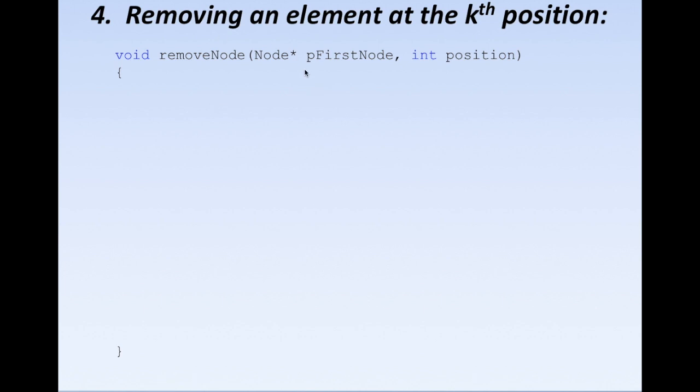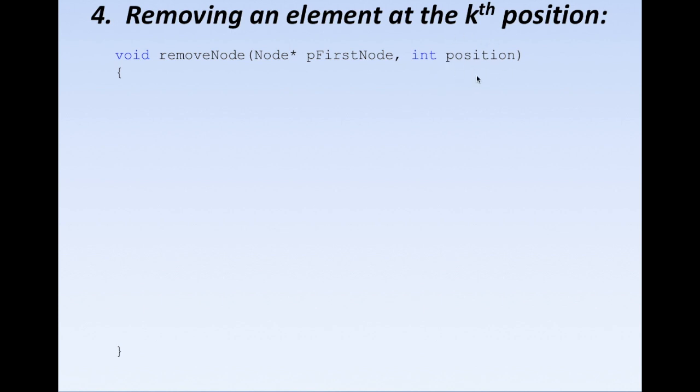So it's sufficient for a linked list, like in stacks and queues, to only have the pointer to the first element, because knowing the pointer of the first element, you can get to any element in the structure. The second argument is position.